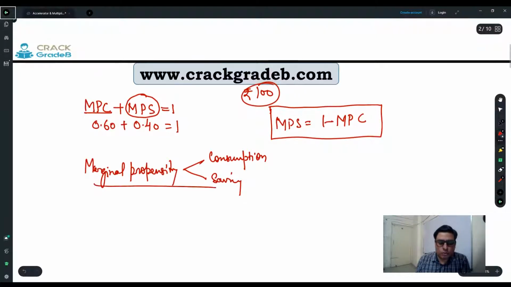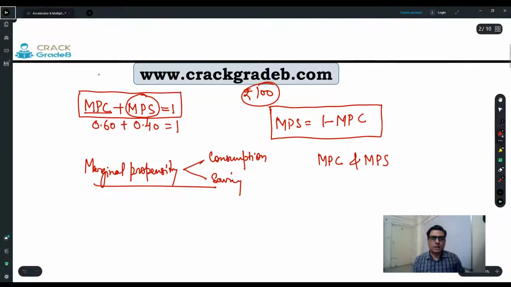So it shows us the rate of change in consumption and the rate of change in savings when income changes. So I hope this concept of MPC and MPS is clear, and why we have put it as 1, because ultimately the income is going to be either consumed or saved, right?